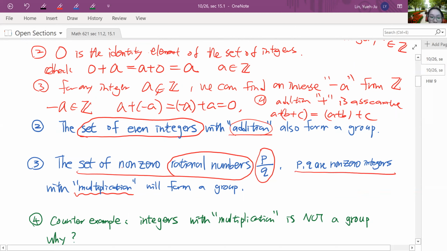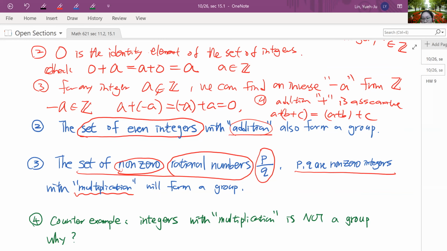In this case, we collect all the non-zero ones, so we cannot include 0. That's why p and q should be non-zero integers. So if you collect any non-zero integer over non-zero integer, this set along with multiplication is going to form a group.